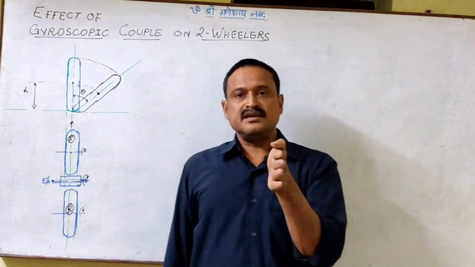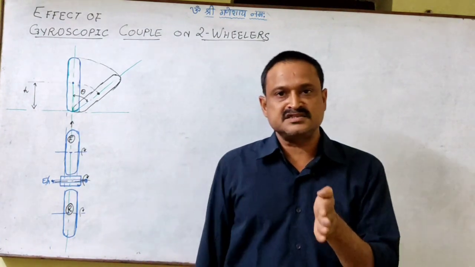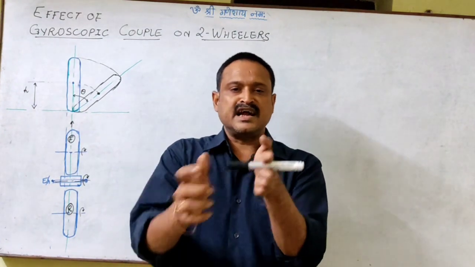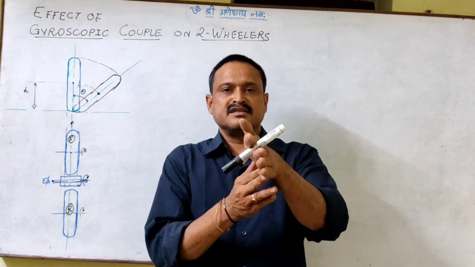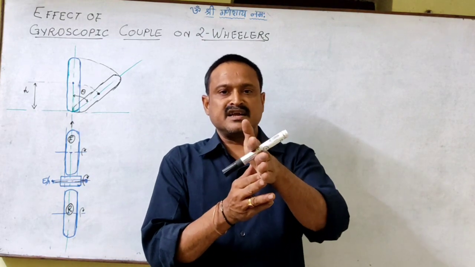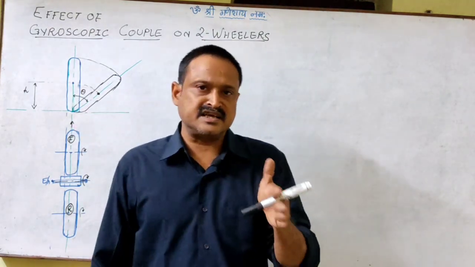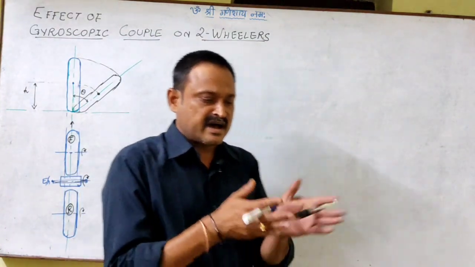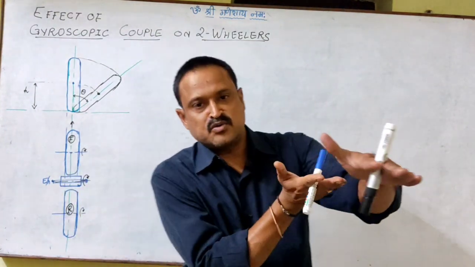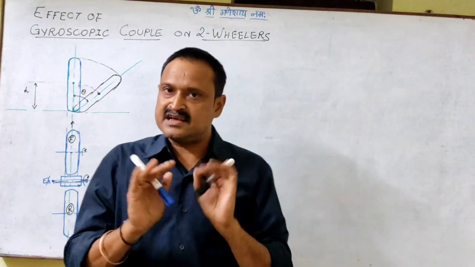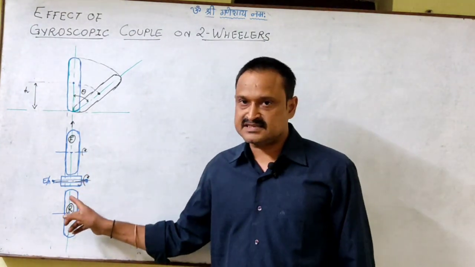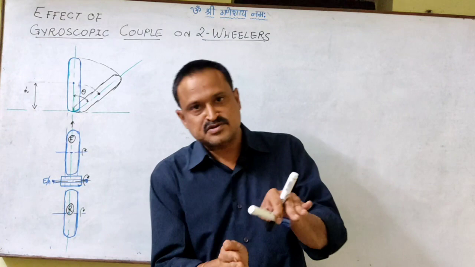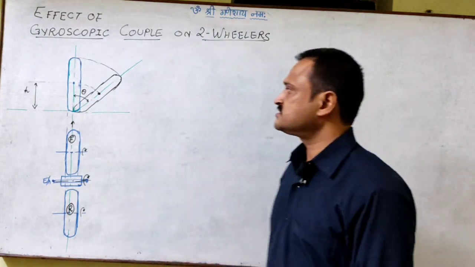Now when the two-wheeler is taking a turn, what is happening? The wheels are getting tilted and the rider is taking the turn. Both the front wheel and the rear wheel get tilted, and that is how the turn takes place. You will see in this case the engine axis is also getting tilted.